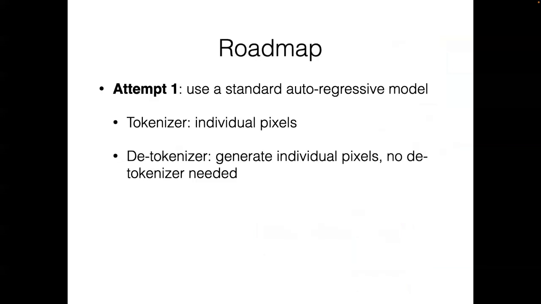So first, as an initial attempt, we could just try using a standard language model and not worry about the tokenizer and detokenizer. Here we could just treat the image as a sequence of pixels, generate the individual pixels, and reshape them into an image.